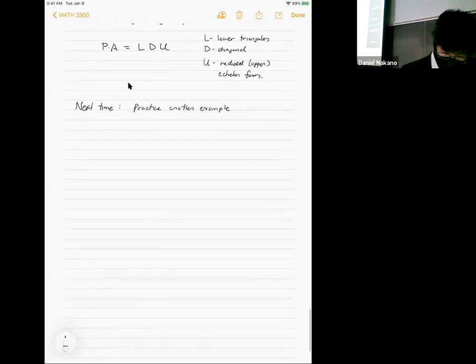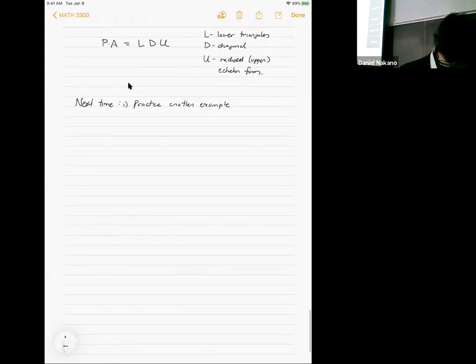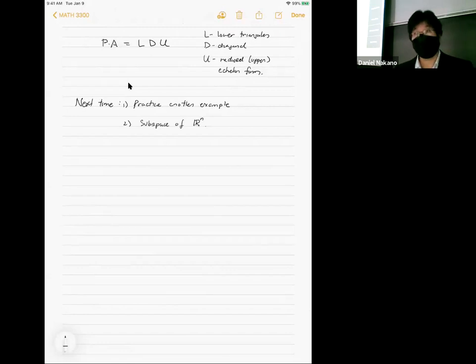And then after that, we're going to talk about, I believe, subspaces of Rn. We'll discuss certain subspaces defined by the span of certain vectors, and then the row space, the column space and the null space, and make connections with these subspaces. I have to actually define what a subspace is.